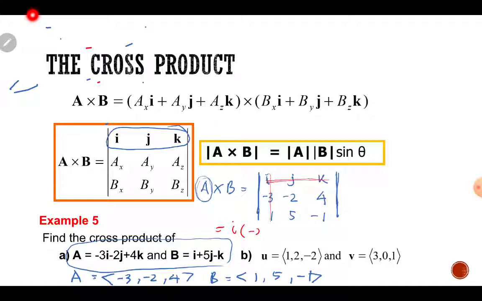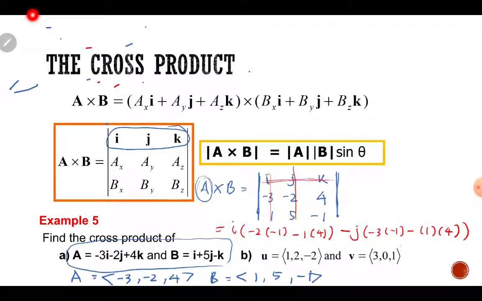So negative 2 darab negative 1, tolak 1 darab dengan 4, and minus with j, positif, negatif, positif kan, then we cross the second row, second column, we have negative 3 darab negative 1, tolak 1 darab dengan 4.